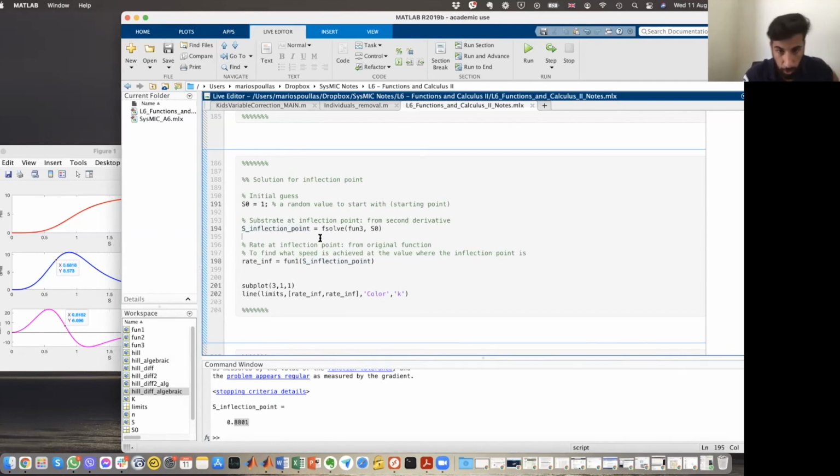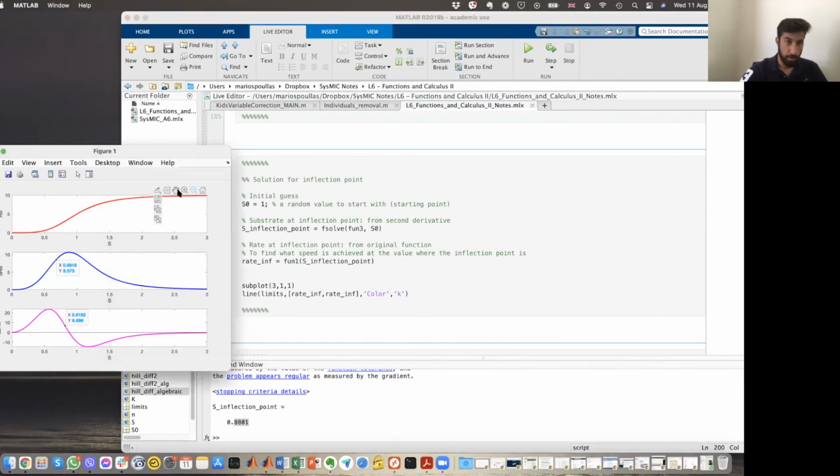Then from the original function here, that's why we are using function 1, we can see the rate at the inflection point. As said earlier, the rate can be seen from the original equation; the curve from the original equation is showing the rate.